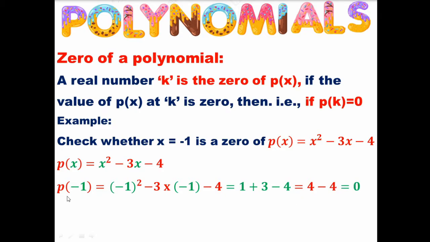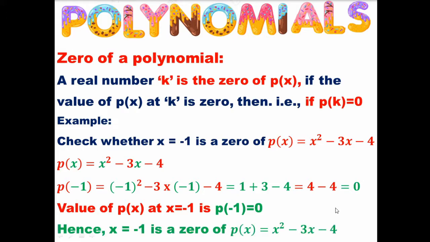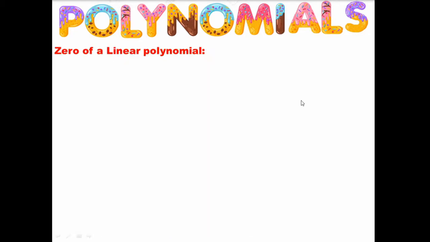So when I substitute x equal minus 1, the value of polynomial becomes 0. Therefore, I say minus 1 is a zero of the polynomial. So since the value is 0, we conclude that x equal minus 1 is a zero of the polynomial. So this is how we define the zero of a polynomial, and this is how we check whether the given number is a zero or not.